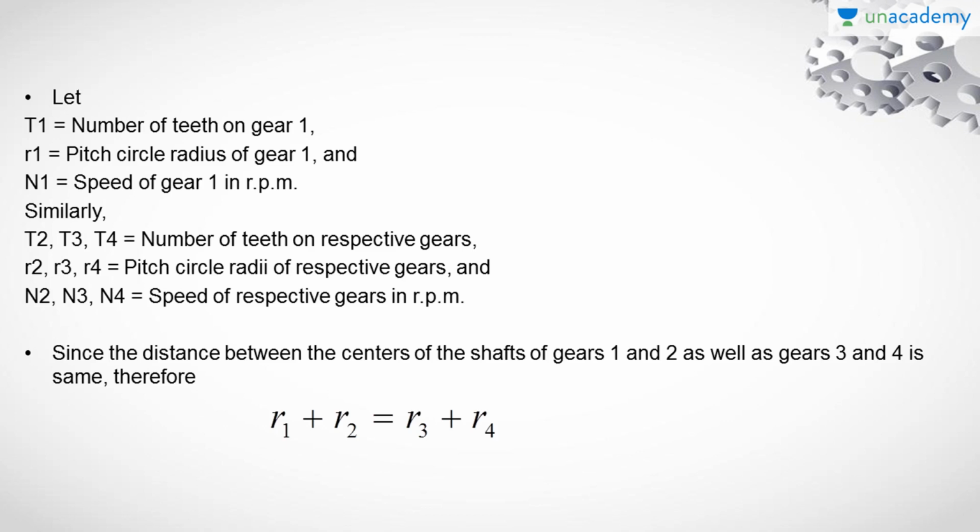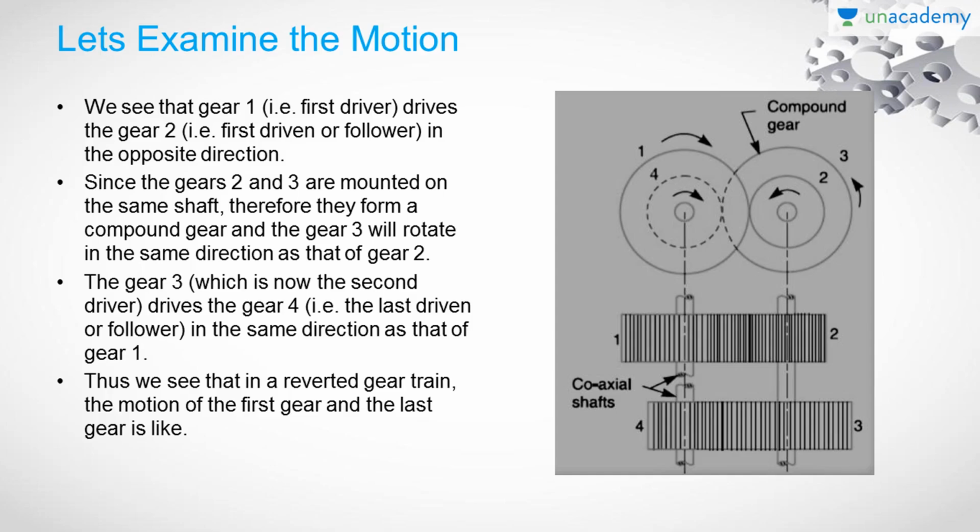Okay, so since the distance between the centers of the shafts of gear 1 and gear 2, as well as gear 3 and gear 4, is the same, because here in this figure these two shafts have the same axis and these two gears also have the same axis because they are mounted on the same shaft.